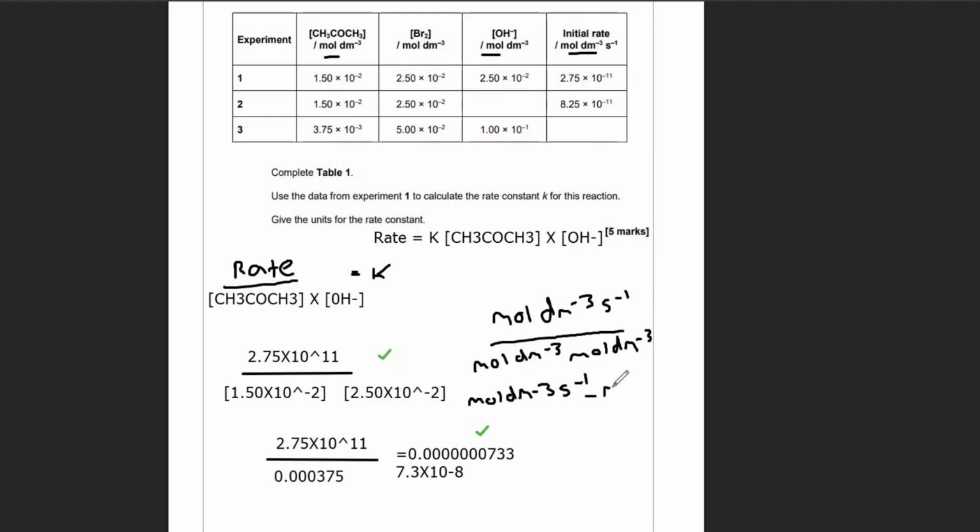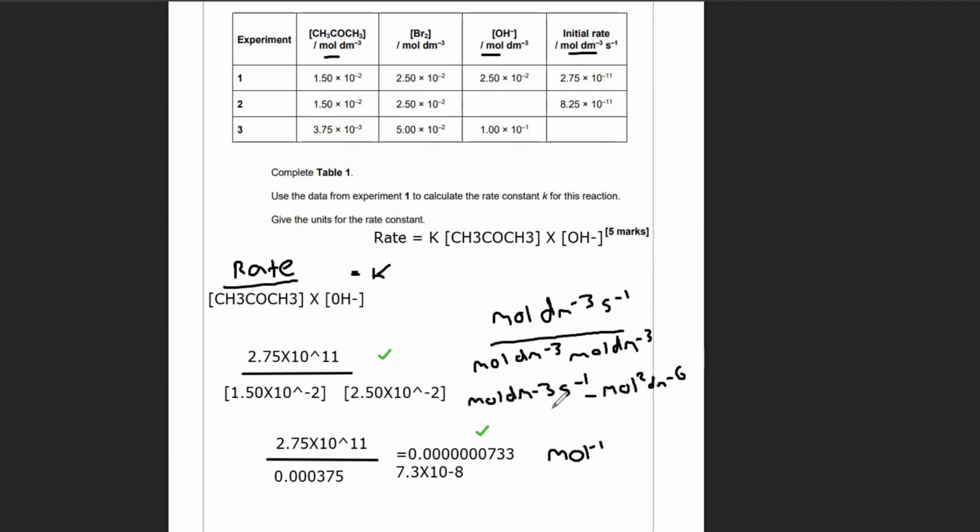So I'm going to take away from that mole squared dm minus 6. And when I do that, you're going to get mole minus mole squared, which is mole to the minus 1. Then I'm going to go dm minus 3 minus minus 6.